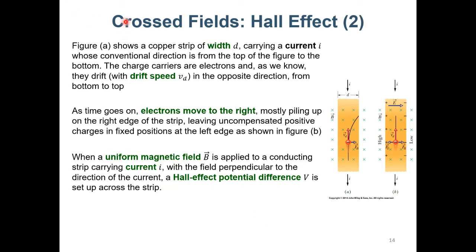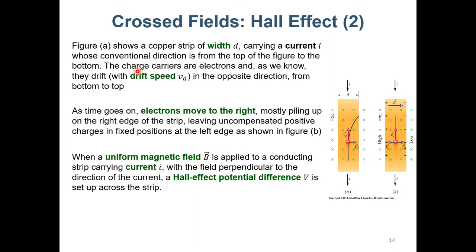So first of all, we assume the width of the copper strip is D and it carries a current I toward the lower side, whose conventional direction is from the top. So maybe we can imagine there may be a positive charge going from top to bottom rather than the electron going from bottom to top.